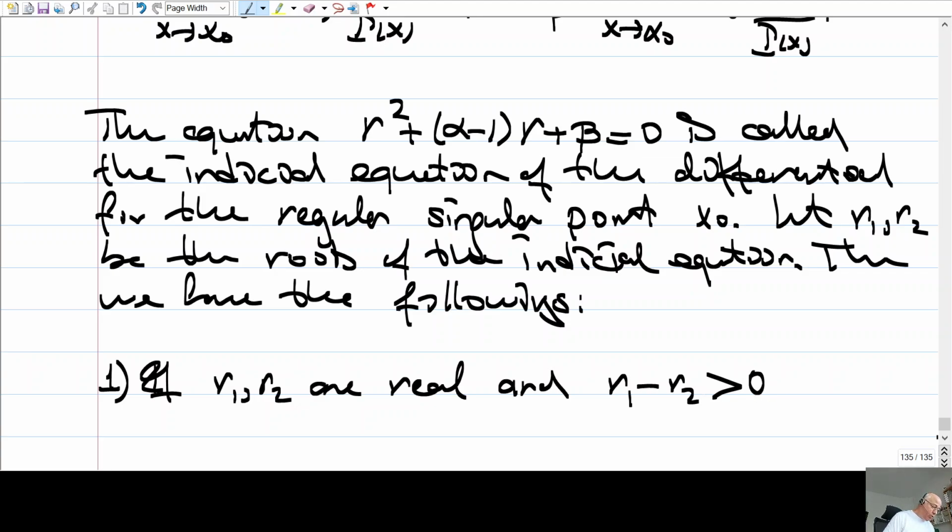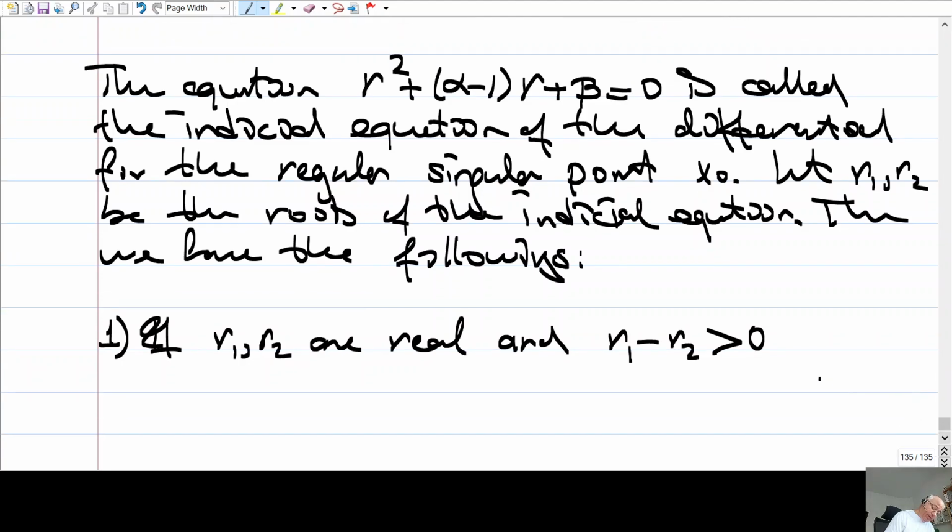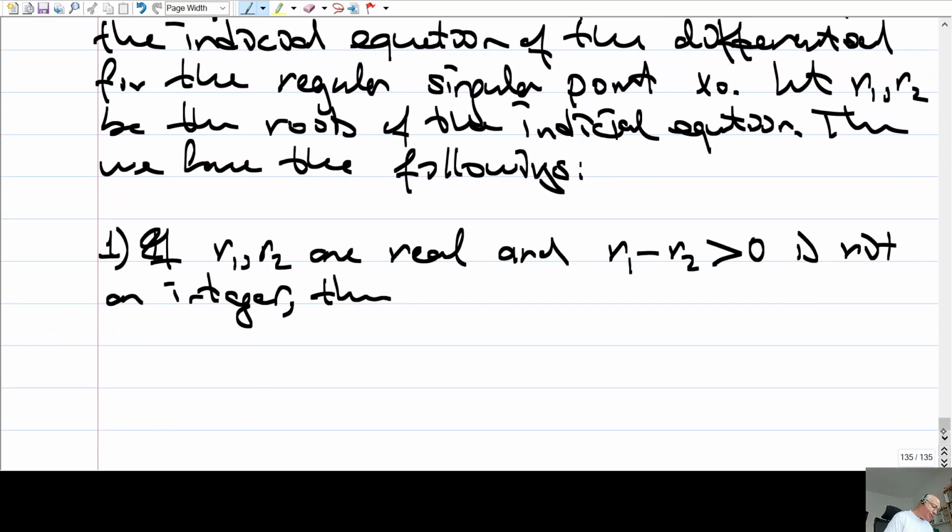The difference is positive, and this difference is not an integer, then the solutions are as follows.